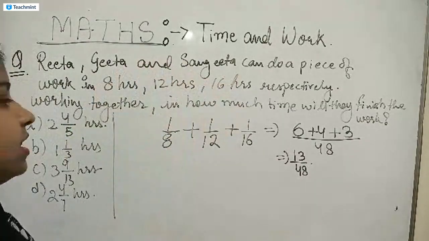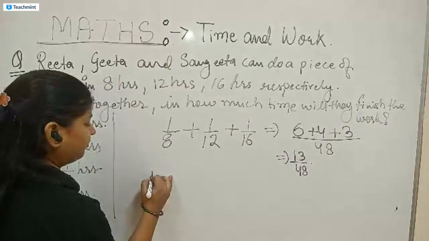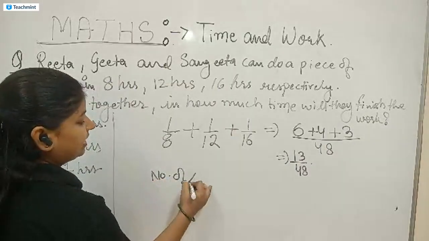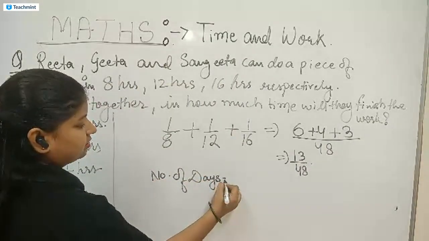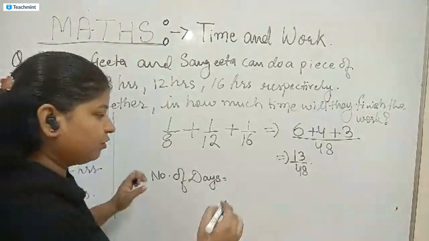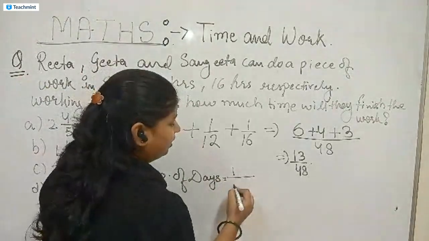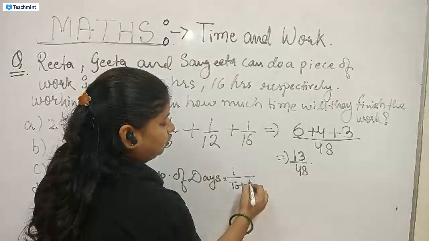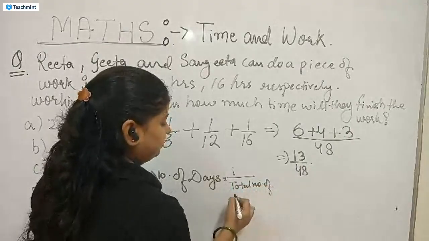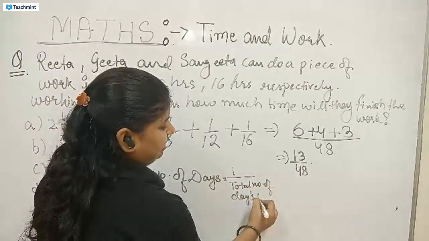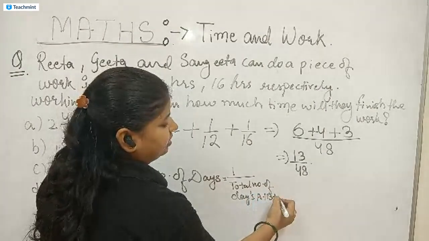Three persons. Now, if you want to find the number of days, the formula I gave you. What was the formula? 1 upon the total number of days A plus B plus C together take, right?